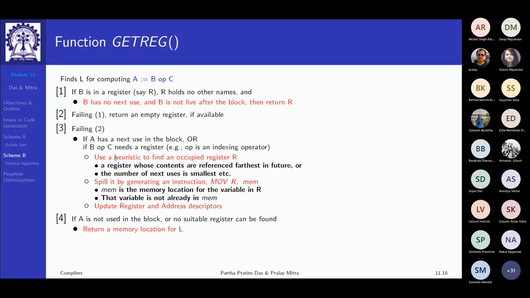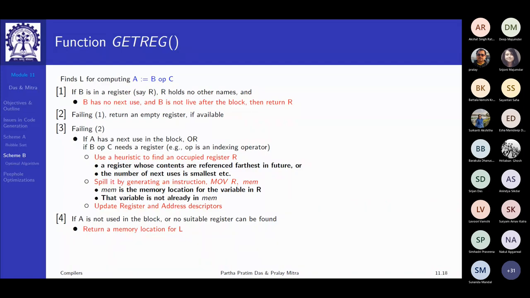So to spill, what do you need to know? You will need to know which register you want to spill, because all registers are full. Anything that you spill, you will have to store its value back to the memory. So it is again a hard problem. If you want to find optimally which register to spill, you will not be able to solve it in polynomial time in general.